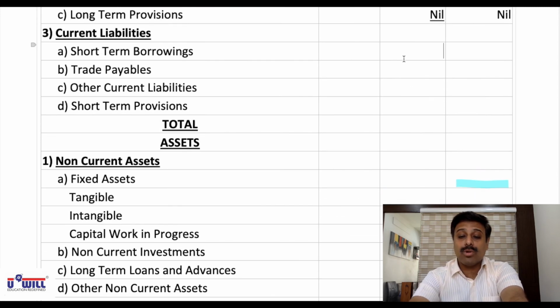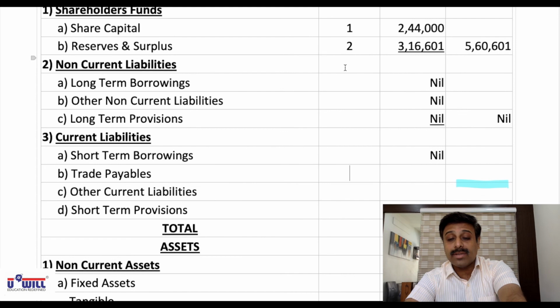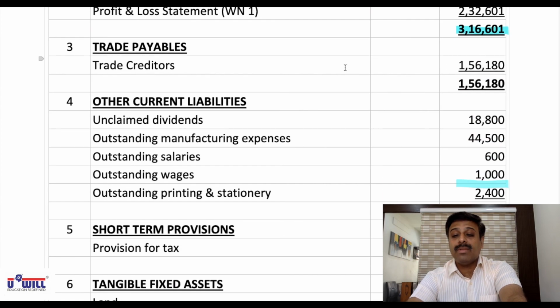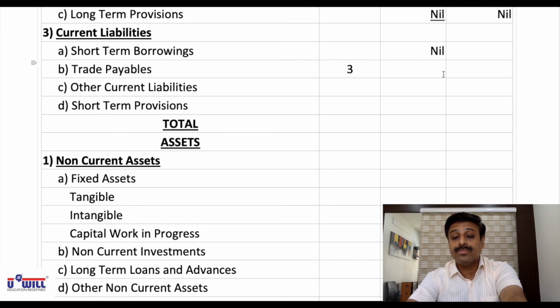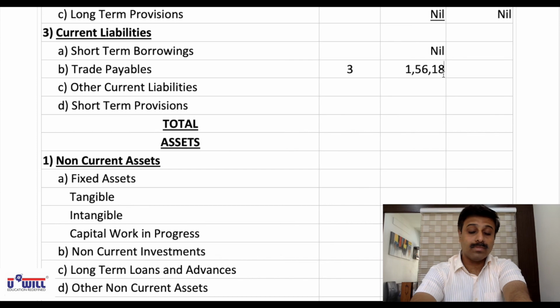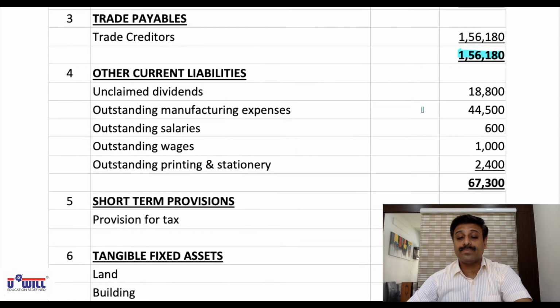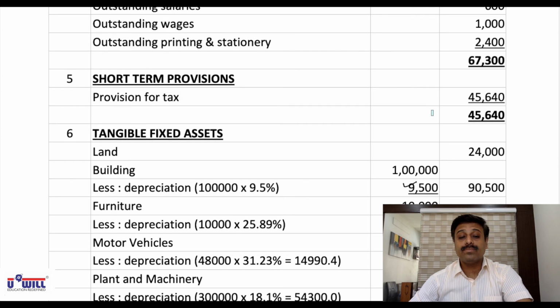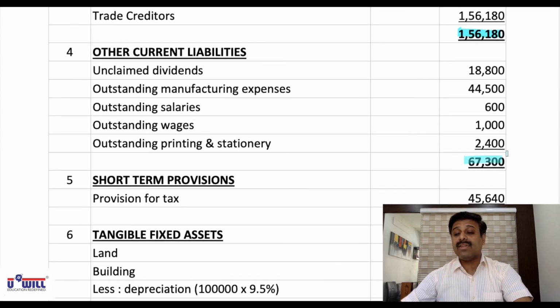Then short-term borrowings we don't have. Directly trade payables, note number 3: 156,180. Then other current liabilities, note number 4, 67,300.